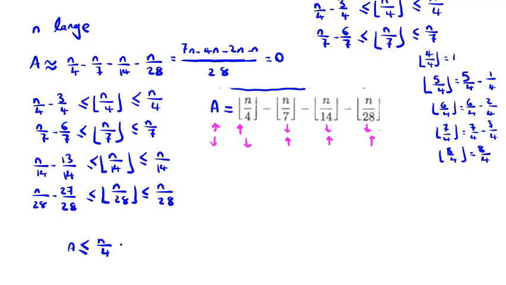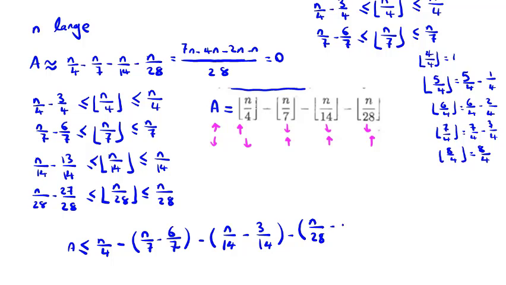Because you have negatives, for each of the others you write the minimum: minus n over 7 minus 6 over 7, minus n over 14 minus 13 over 14, and minus n over 28 minus 27 over 28.